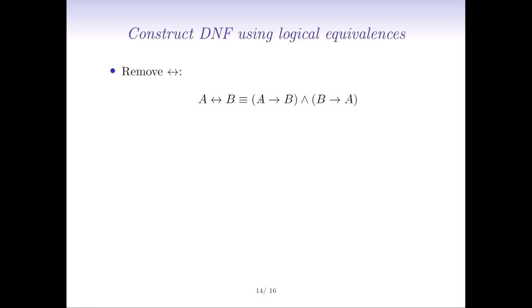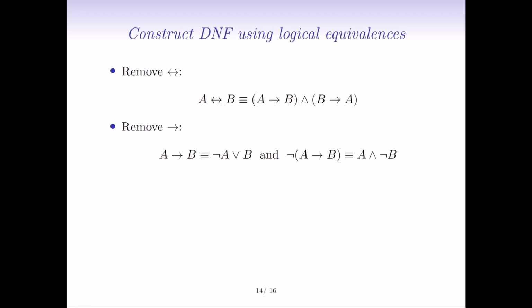Or we could notice that since we're going to have to get rid of implications again at the next step, we could also replace it with another equivalent formula like A and B or not A and not B. Anything like that would work. Of course, doing it this way, you notice straight away that implications are not allowed either.